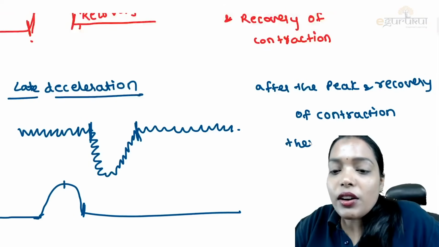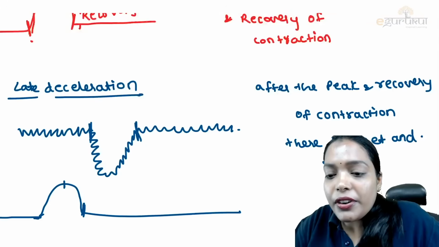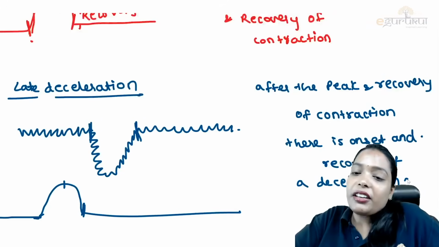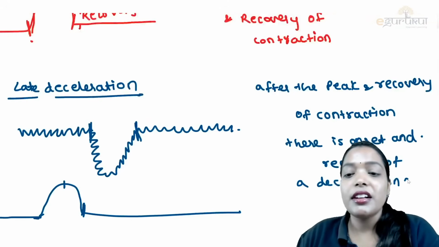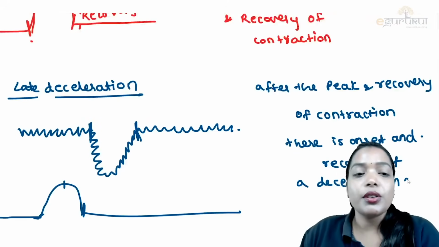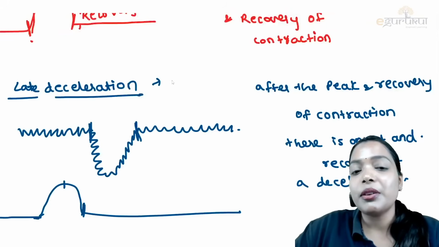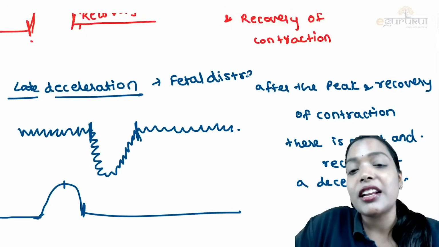So after the peak and recovery of a contraction, if there is an onset and recovery of a deceleration, we call it a late deceleration. This also should be uniform and repetitive. Late deceleration is mainly seen with fetal distress. So when we have a late deceleration, it is an alert.